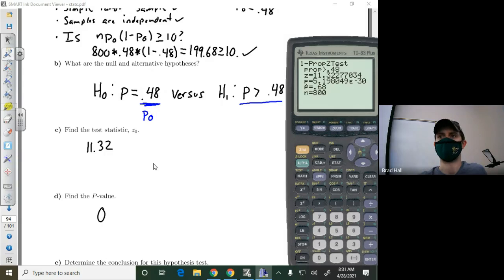Now, e to the negative 30, that's a decimal place followed by not 1, not 2, not 15, but 30 zeros. So that's a very, very, very small number, e to the negative 30. That'd be 0.000, a whole bunch more zeros, in fact 30 zeros, and then 519, and so forth. So that would round in any situation to 0.